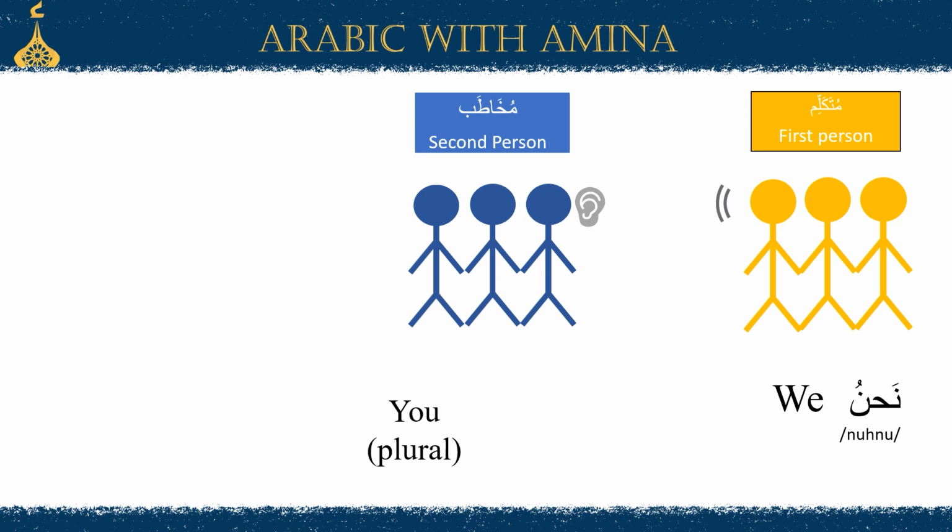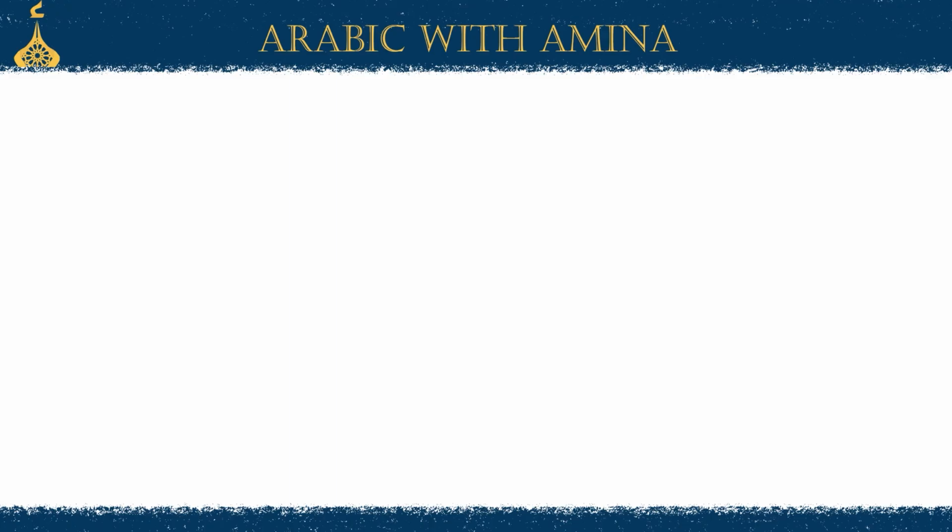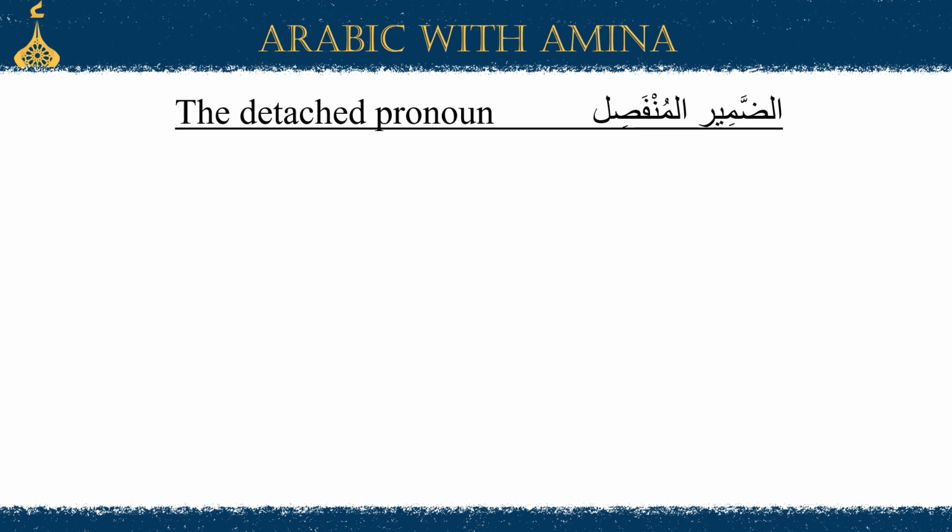In Arabic, if male, it is antum, and if female, antunna. If you are talking to a group of people mixed of male and female, it's common to just refer to the male form, antum. And to talk about the plural third person, we would say they. Again, according to the gender, would be hum for males and hunna for females. And that's it. We covered all of the detached pronouns.